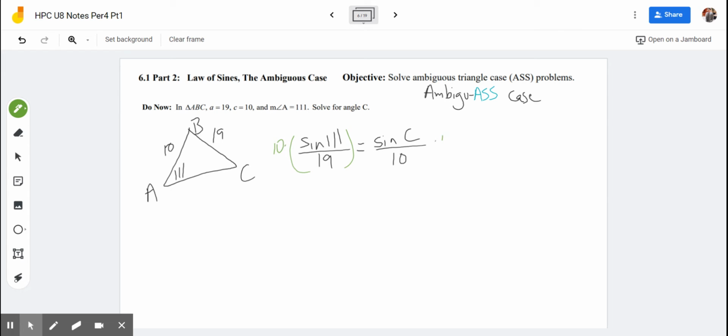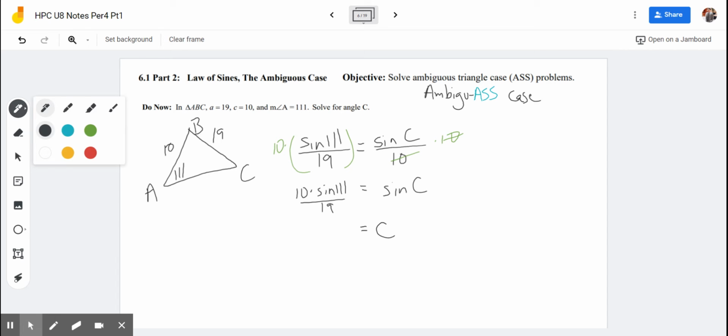This will cancel out, so you're just left with sine of C is equal to 10 times sine of 111 over 19. And then to solve for C, we would have to take the sine inverse of both sides. So you would have to take this here and then do sine inverse. And this is how you'll type it into the calculator.